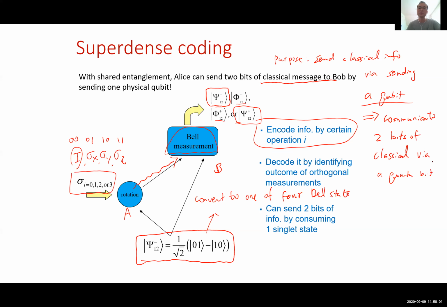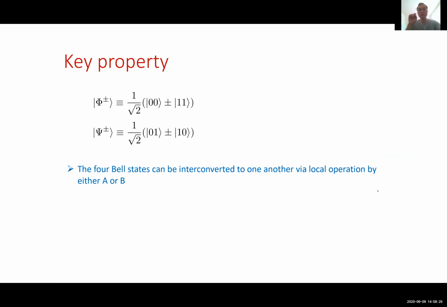Okay, so this in some sense is better than classical, because for classical information you can only send 1 bit, and that's 1 bit of information. But quantum mechanically you can send 1 quantum bit, and that would give rise to 2 classical bits of information. So the next slide shows the key property that allows you to do this.